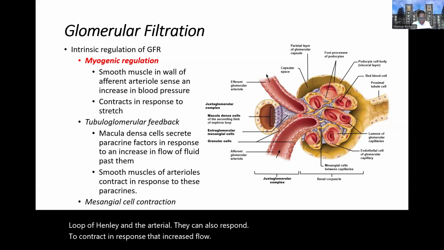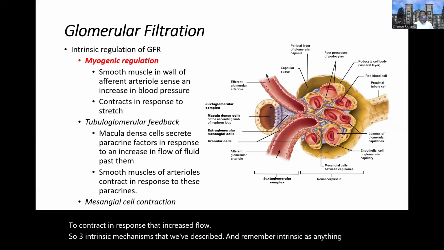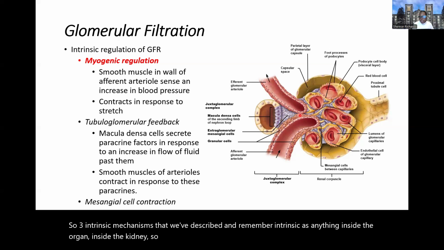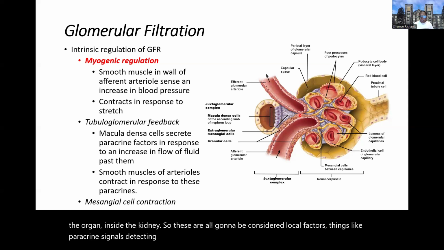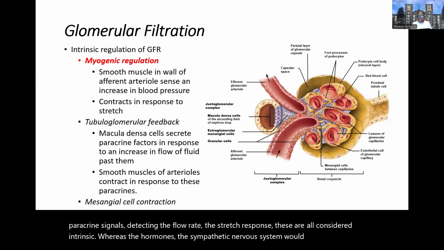So three intrinsic mechanisms that we've described. And remember, intrinsic is anything inside the organ, inside the kidney. So these are all considered local factors, things like paracrine signals, detecting the flow rate, the stretch response. Whereas the hormones and the sympathetic nervous system would be examples of extrinsic controls.